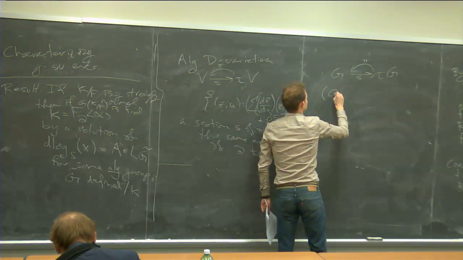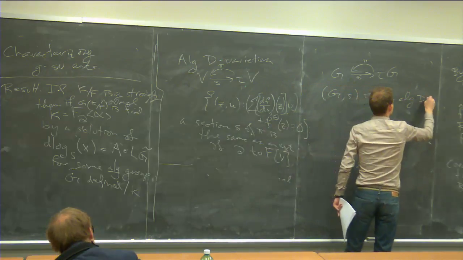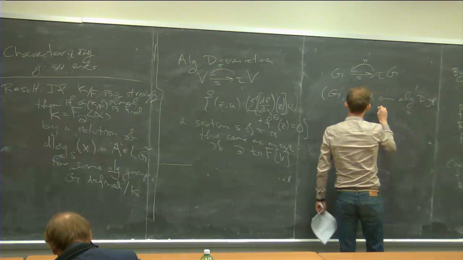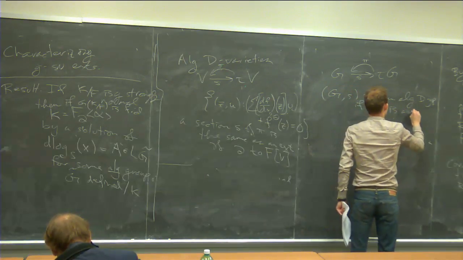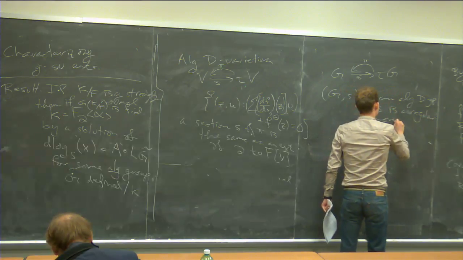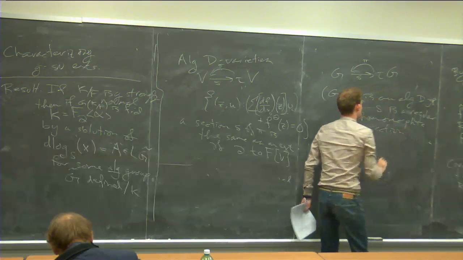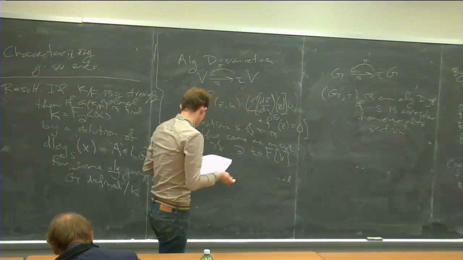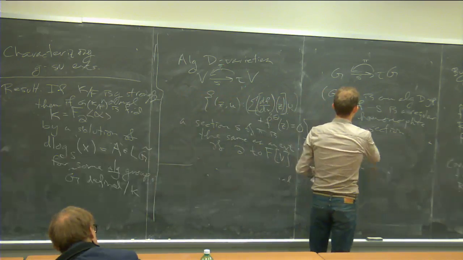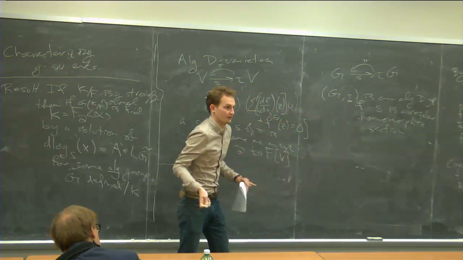So (G, S) is an algebraic D group if S is a regular homomorphic section. And so now, using the structure of S, we can define the S logarithmic derivative.